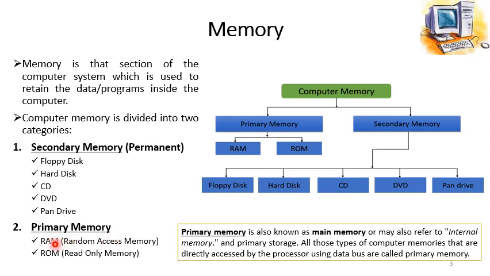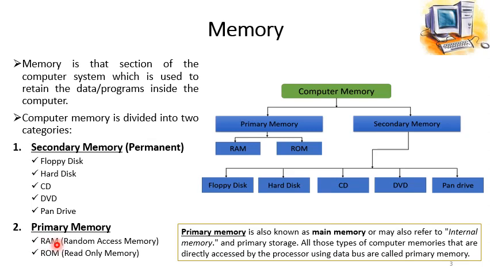Like for example RAM, if we see, RAM is directly accessed by the processor. Whenever we execute any program, first of all it is going to be loaded inside the RAM, and then RAM is responsible to provide that information instruction by instruction to the processor.